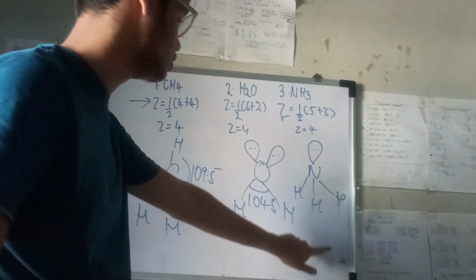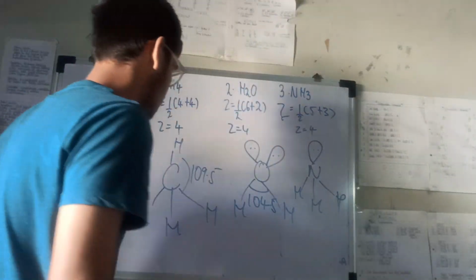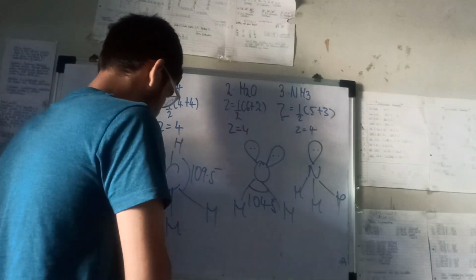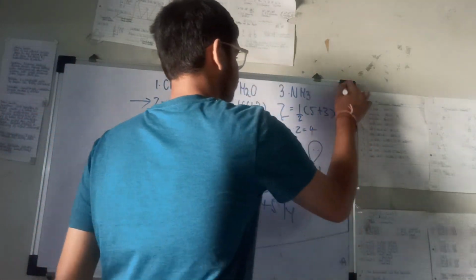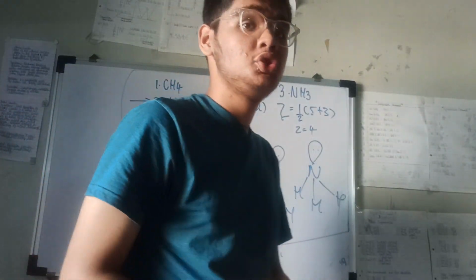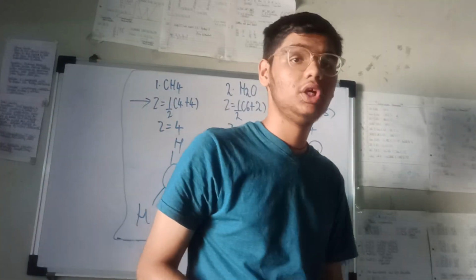Yes, what is this? Trigonal pyramidal shape. This is normal tetrahedral geometry I am getting. So this was all about VSEPR theory, the theory which gives the shape of the molecule.